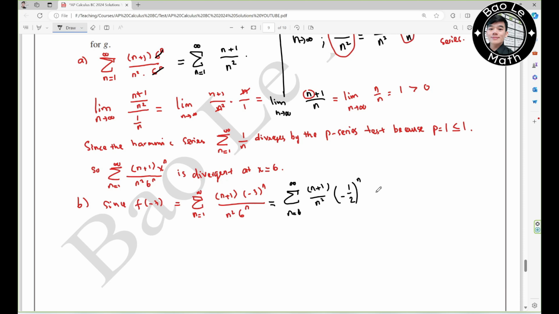This is an alternating series that is convergent, because the radius of convergence is 6.